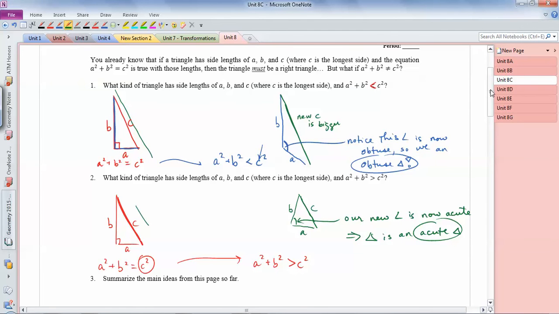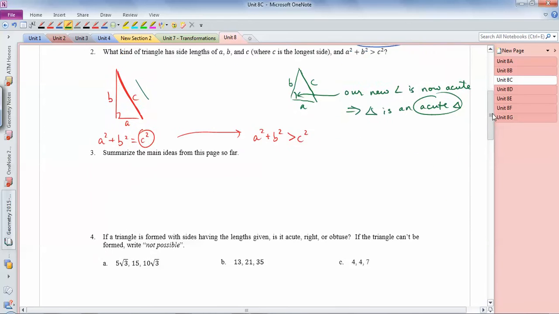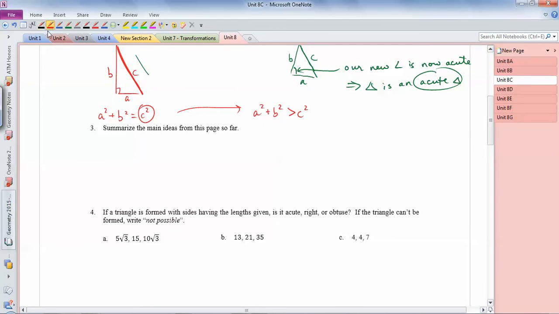Okay, so the main ideas from this page, here we go. If you're linked to rules, then here are the rules. If A squared plus B squared equals C squared, you know you got a right triangle. If you ended up making C bigger, then C squared is going to be bigger than A squared plus B squared.